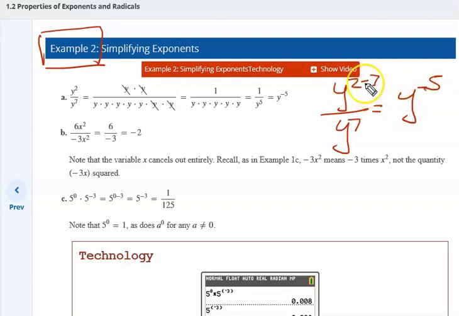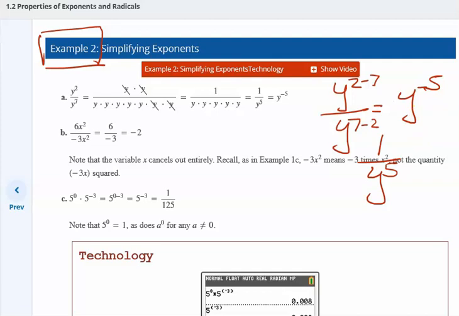But if we want this to be positive, we would leave the 1 up in the numerator, bring the 2 down, and that would be minus 2 in the denominator, and we would get y to the 5th, 1 over y to the 5th. Often they want you to have a positive exponent as a result of your simplification.